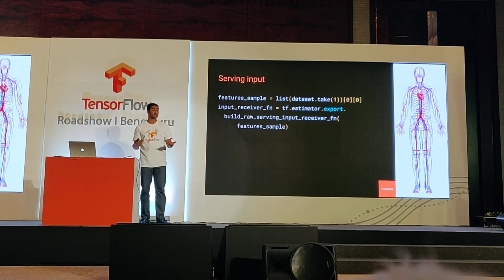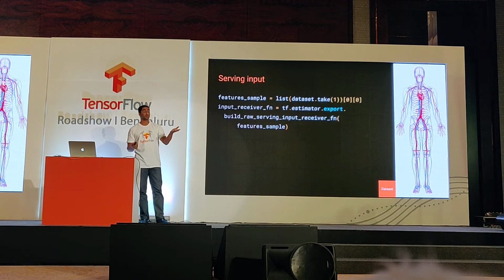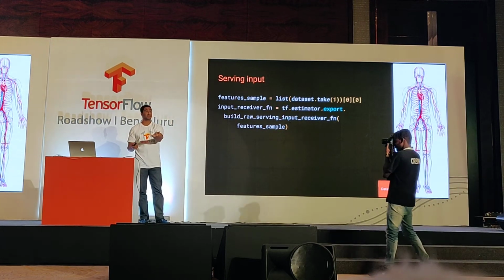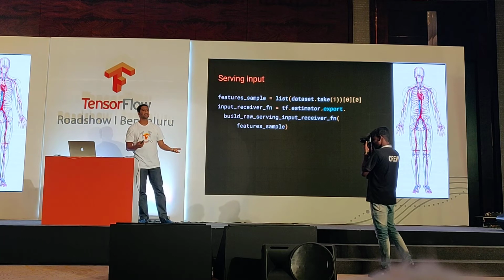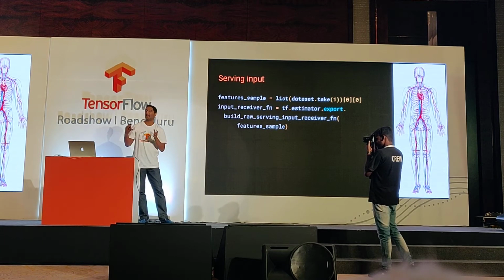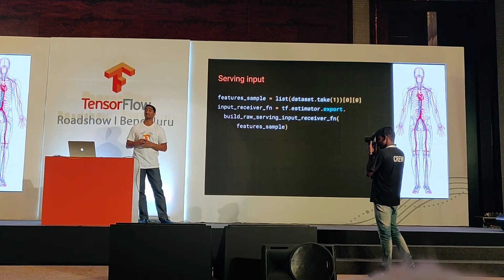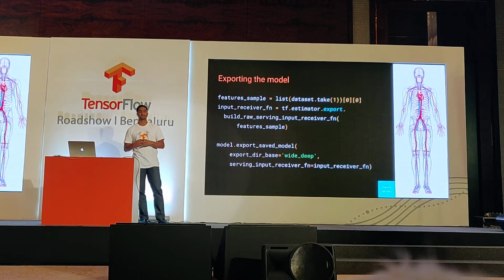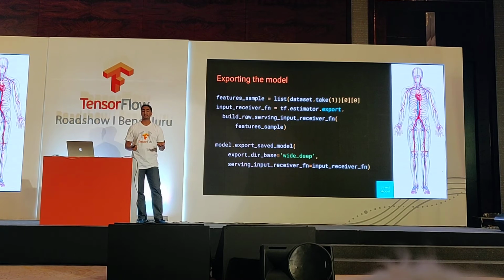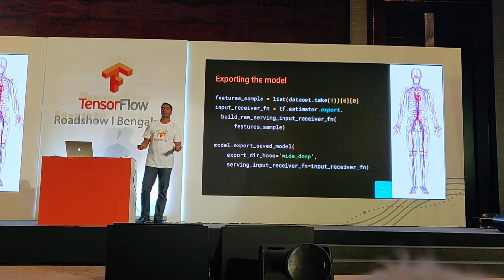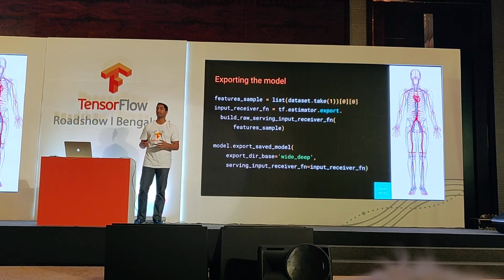And that's why eager execution is great. All you have to do is take the first element of the data set and provide it to the function so it understands how you're going to be getting the input data. Then we export it to saved model like so, just as we did with Keras, and we can use this model in tf.serving and tf.hub.